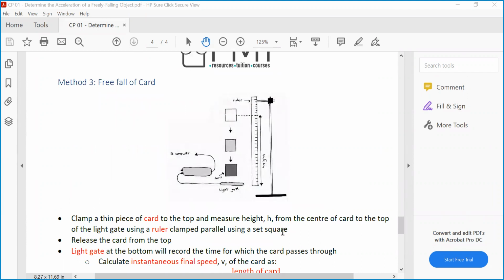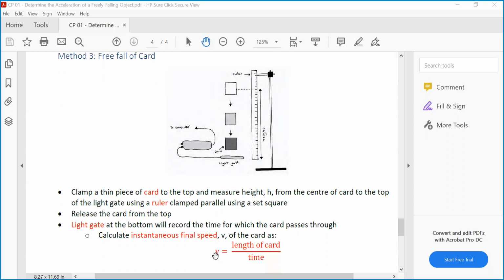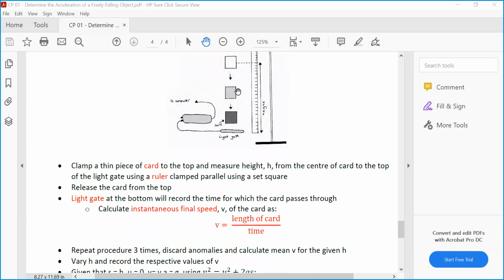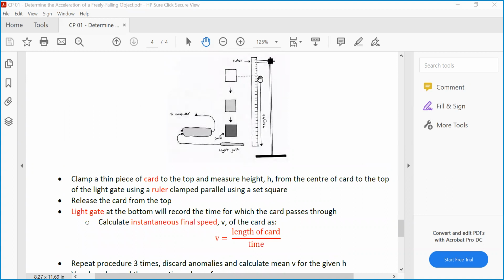Free fall of a card. This is again asked in Excel. It is the addition of the first and second, I mean, it's free falling. All the theories we discussed under free fall are there, but we use a card like the second one, not just a ball. You just release the card, you know the length, you know the height.